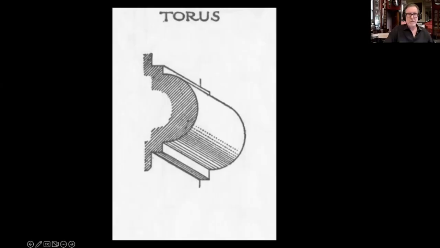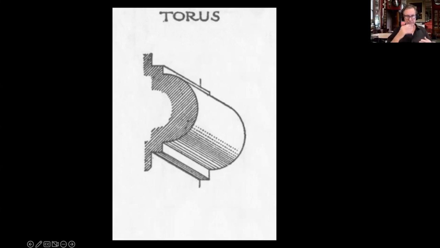So let's learn a little about the torus. As I said, it means cushion, and it's really appropriate. The torus is almost always seen at the base of walls and of columns. And when it's used there, it conveys a sense of weight bearing.